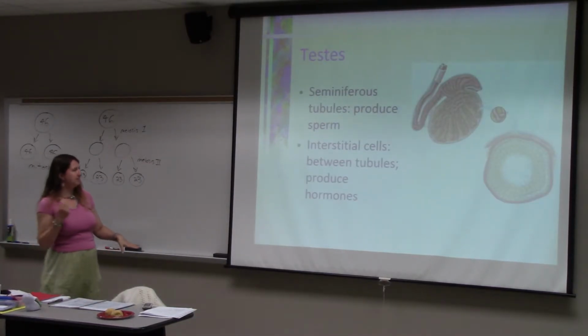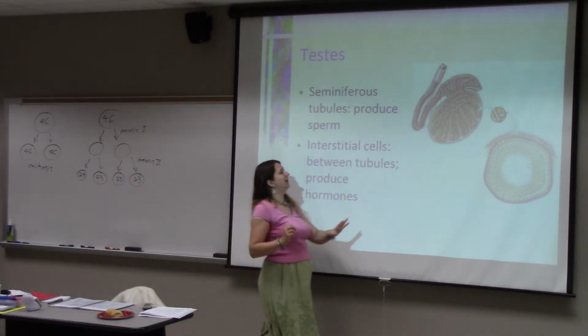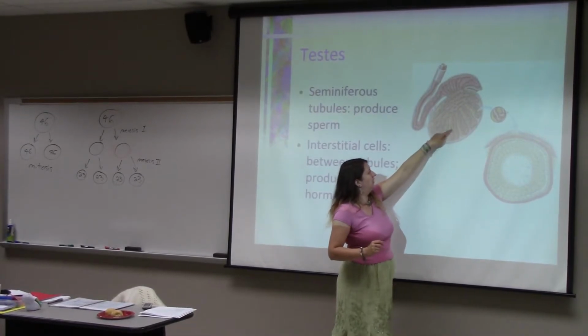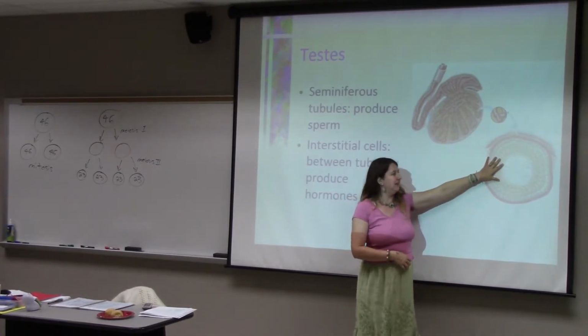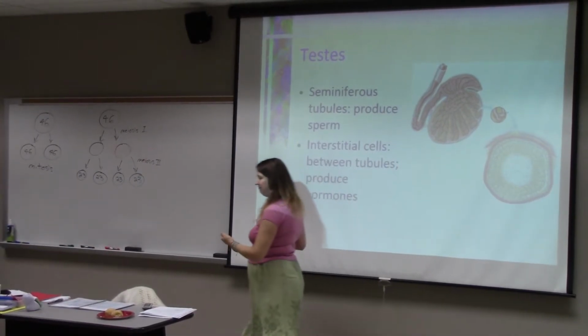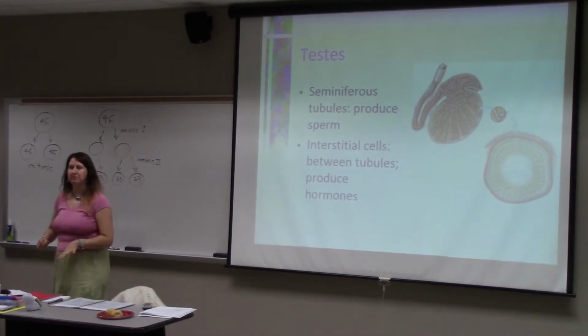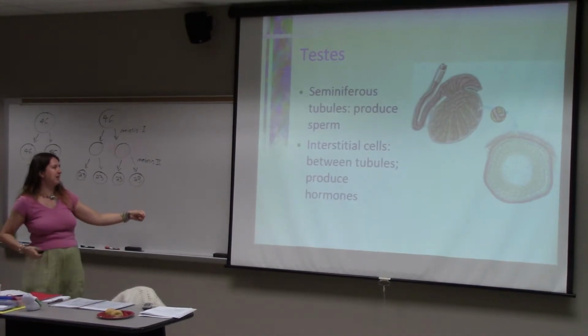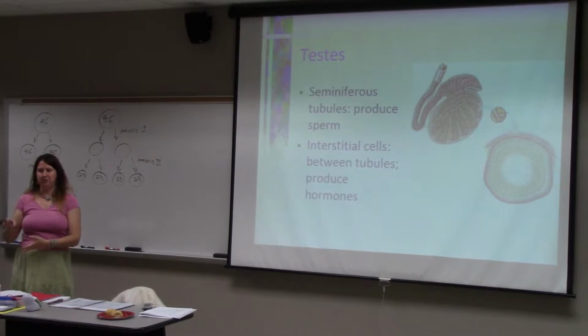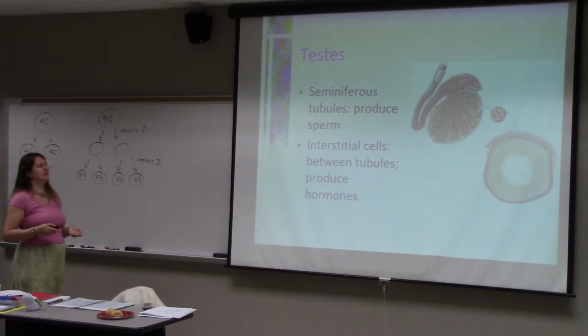The testes are made up of seminiferous tubules, which are long coiled tubes that on the inside have cells that produce the sperm. And then between seminiferous tubules are interstitial cells that produce the hormones. So it's separate cells making the sperm and the hormones, which is mostly testosterone.